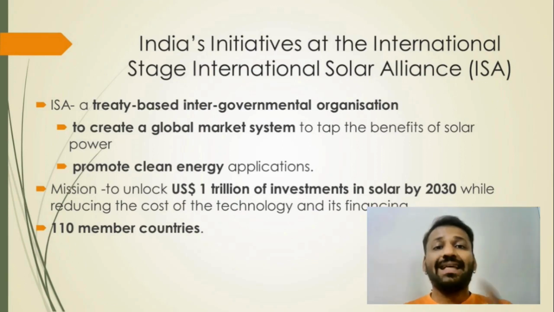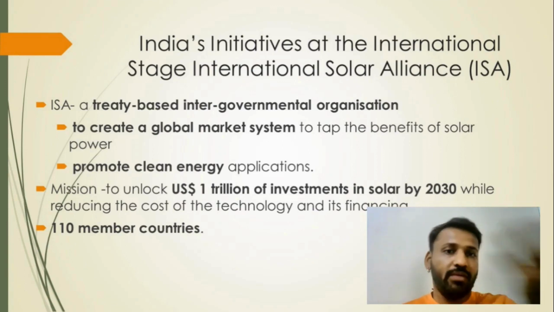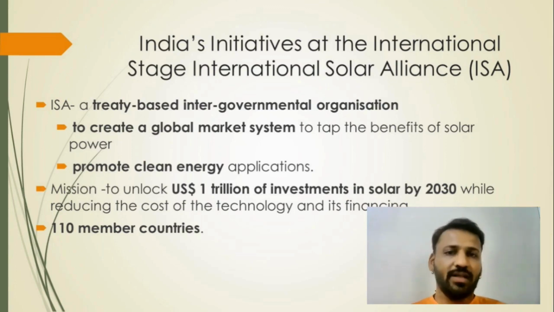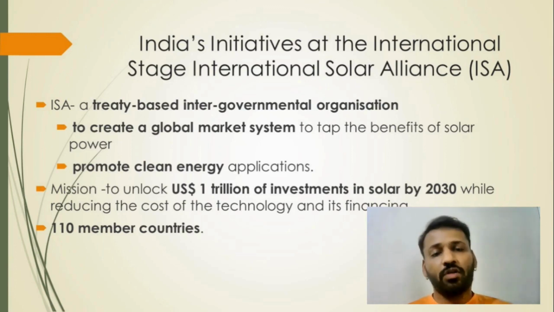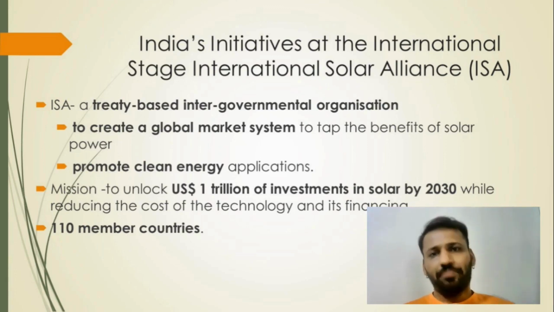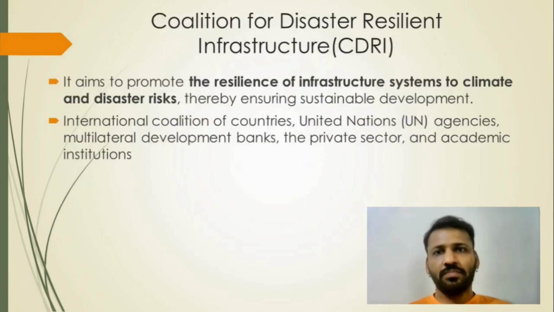So ISA members have decided that they will gather this huge amount of finance among themselves, $1 trillion US by 2030. We have seen that 26% of India's energy by 2030 will be from solar energy, so this much finance is very much required. Currently, there are 110 member countries, so ISA is very important.